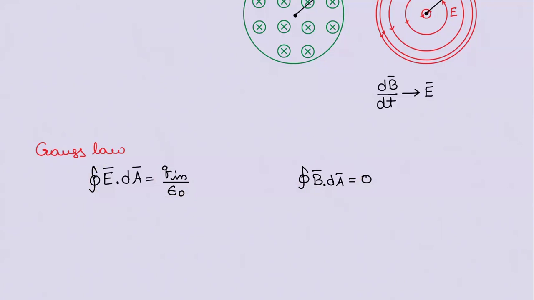we have EMI. Faraday's law is there, right? Let us take that one. EMF is equal to d phi B by dt. That means whenever magnetic flux changes in a circuit, EMF will be induced.